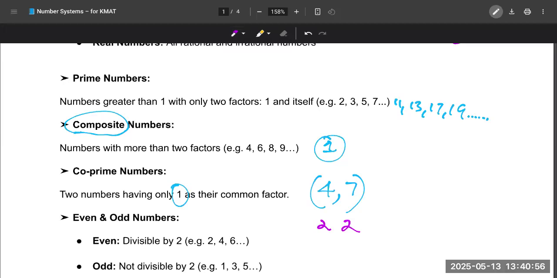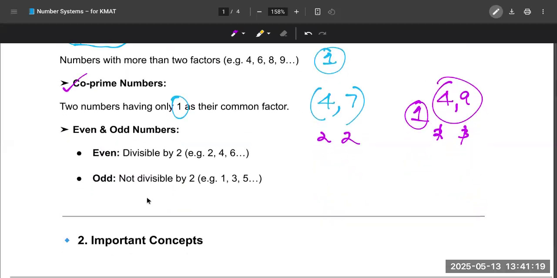Another example would be 4 and 9. 9 is divisible by 3, but 4 is not divisible by 3. 4 is divisible by 2, but 9 is not divisible by 2. The only number which can divide both of them is 1. They are known as co-prime.